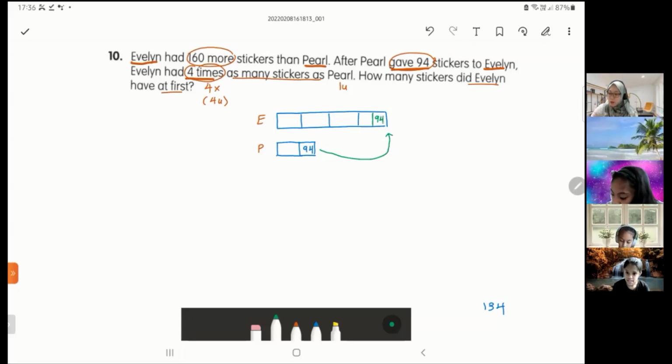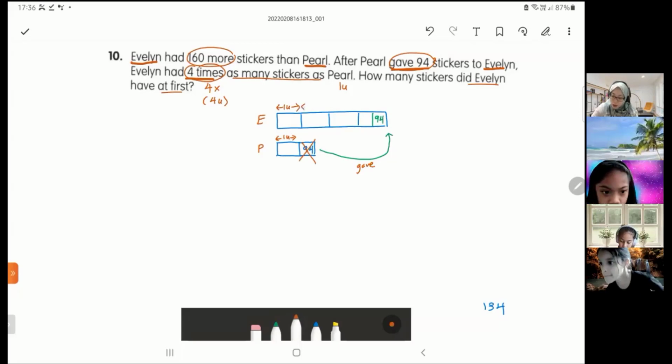Let's put it like this. So you know that each of these is 1 unit, right? Why? Because Pearl has 1 unit here. This one gave to Evelyn, so this one is no more, but went up here already. So this is also 1 unit. This is also 1 unit. This is also 1 unit. They are all the same parts, right?